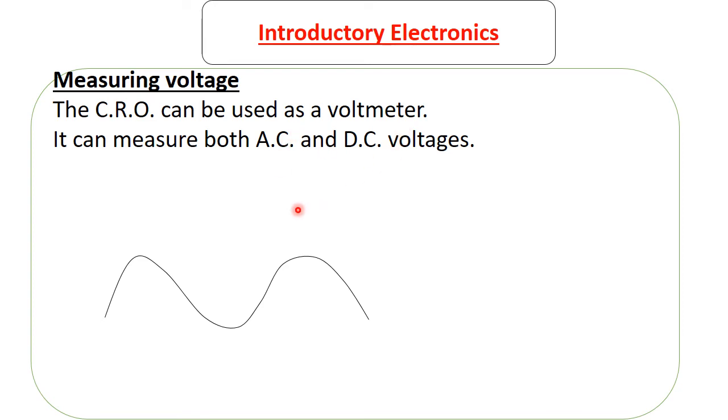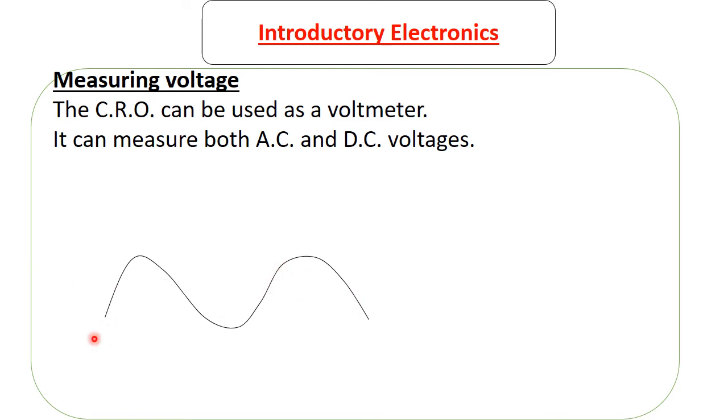DC voltage is not difficult to measure, because when you put DC voltage at the input of this equipment, you are going to see a single line pointing at a single number, for example 5 volts or 10 volts. But for AC, you're going to see a wave like this. So how do you tell the voltage?